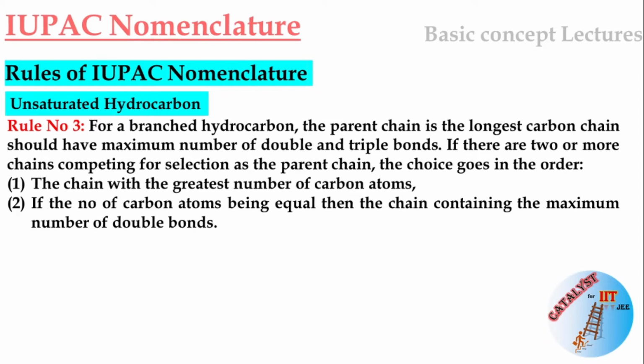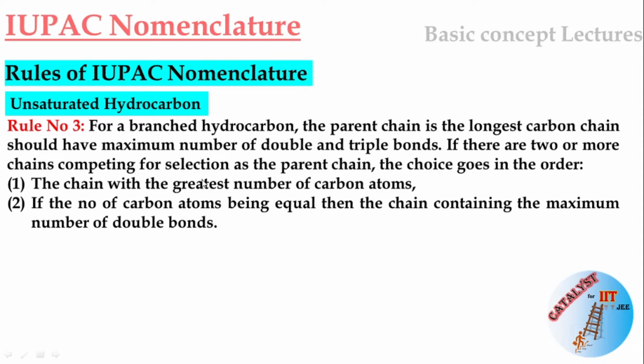Rule number 3 says that for a branched unsaturated hydrocarbon, the parent chain is the longest chain that has the maximum number of double or triple bonds. If two or more chains are competing for selection, the choice goes in this order: the parent chain should be the chain with the greatest number of carbon atoms.